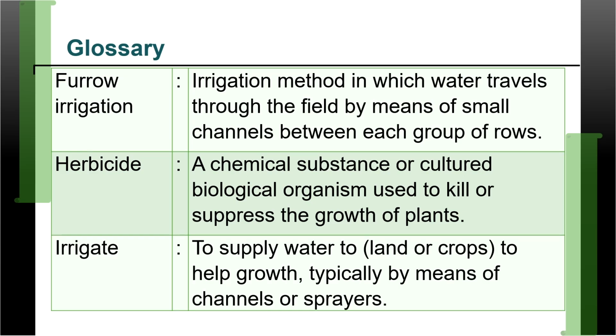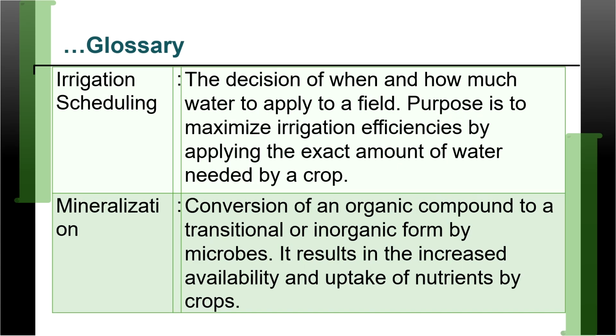Then irrigate or irrigation, to supply water to land or crops to help growth, typically by means of channels or sprayers. Irrigation scheduling, the decision of when and how much water to apply to a field. Purpose is to maximize irrigation efficiencies by applying the exact amount of water needed by a crop.